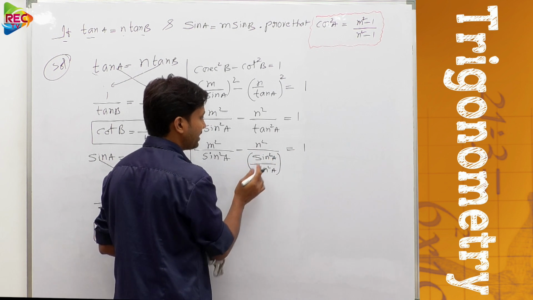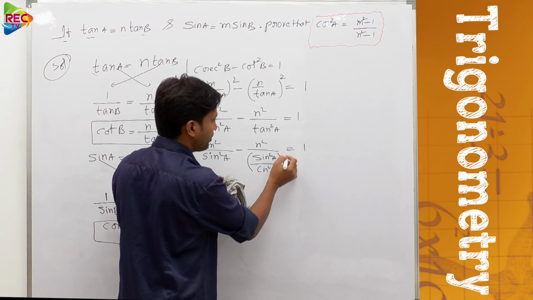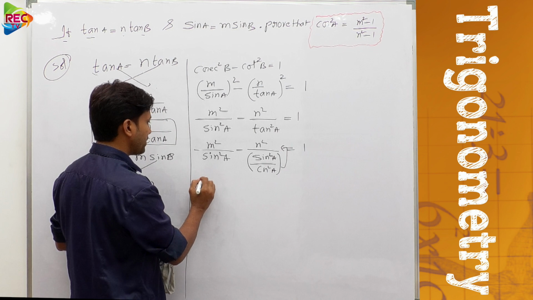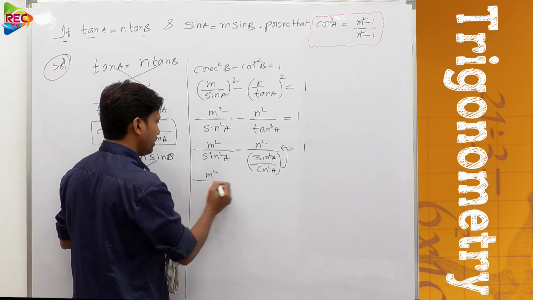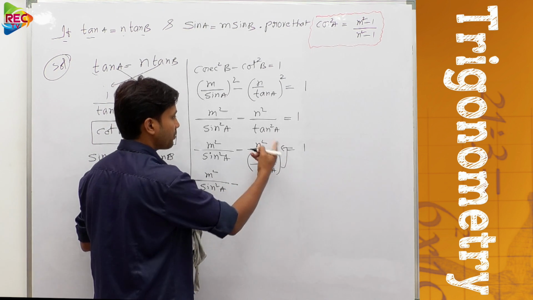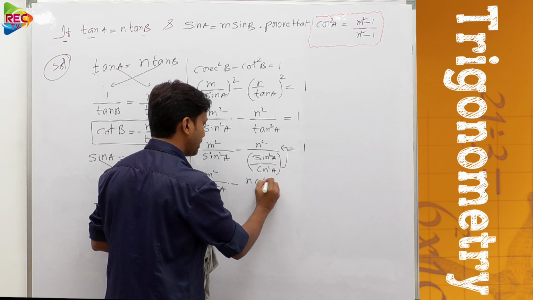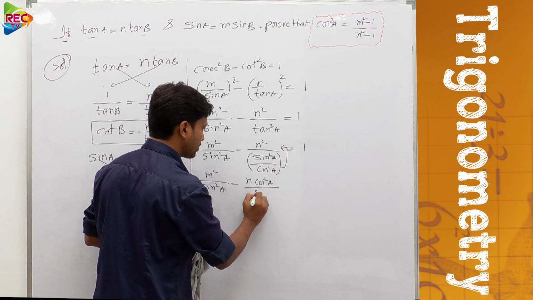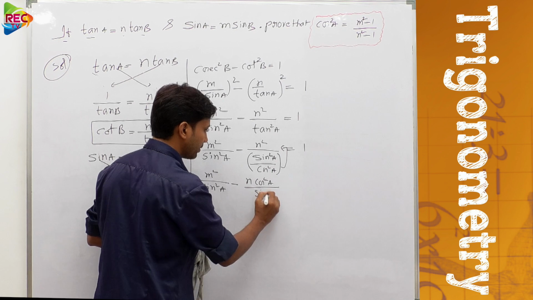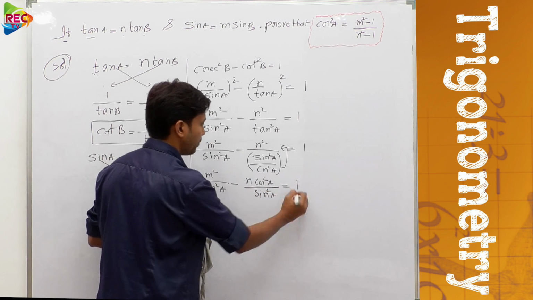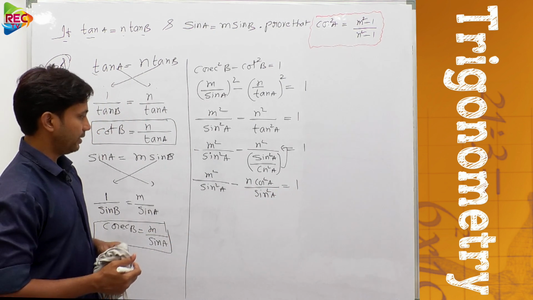As this fraction is written in the denominator, it gets inverted. Then what happens here? N square by sin square A minus, this cos square A goes up. N square into cos square A by sin square A is left over, equal to 1.